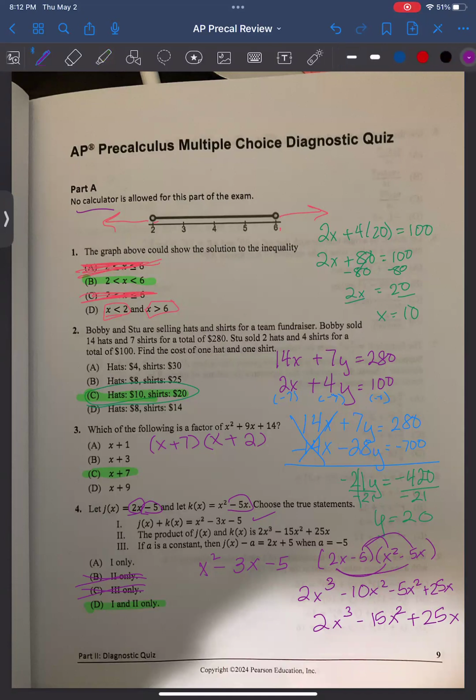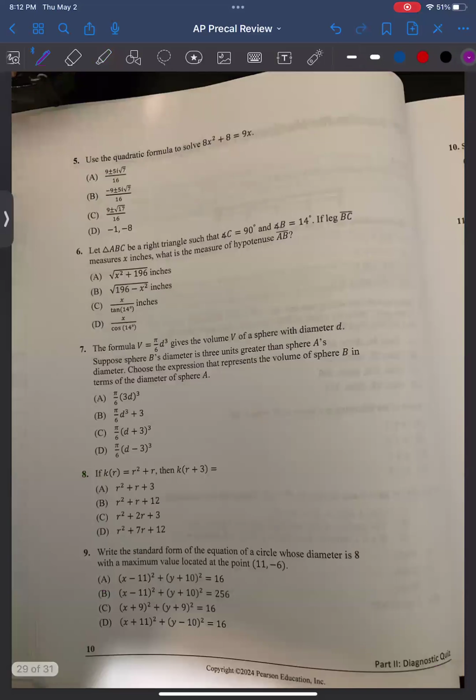All right. If this is the quiz, we're all passing. Is this what the AP test is going to be like? Who knows? That's the worst part about this exam: it's the first year, and no one really knows anything.